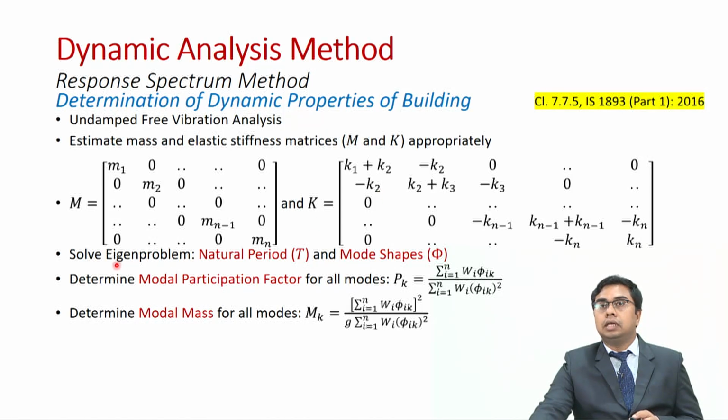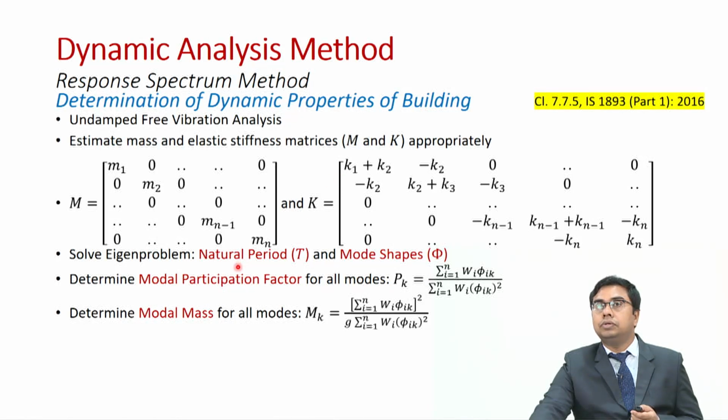Then we shall establish an eigen problem from which we shall be able to find out the value of natural period and mode shapes. For a 10-story building, we shall usually lump the masses at various floor levels, which means for a 10-story building there will be a mass matrix and stiffness matrix of size 10 by 10.